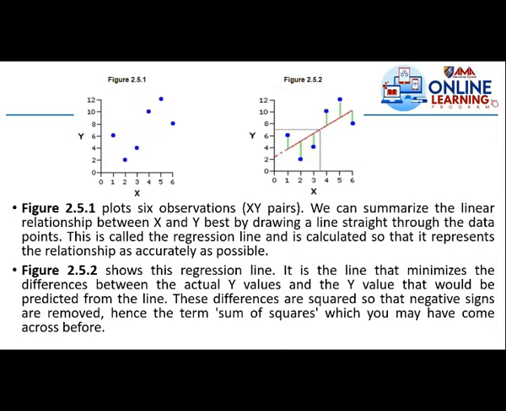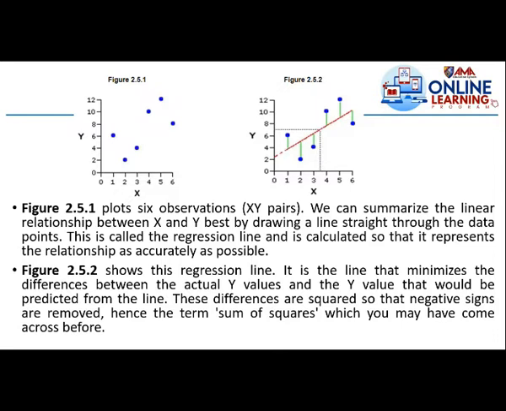So we can summarize the linear relationship between the X and Y by drawing a line straight through the data points. And this is called the regression line. It is calculated so that it represents the relationship as accurately as possible. So as you can see, yung red line dyan sa taas, it would represent the regression line. That is the ideal relationship in that particular situation in this scatter plot.